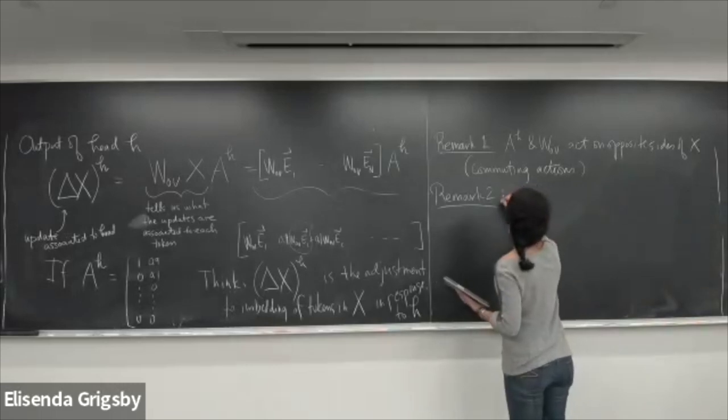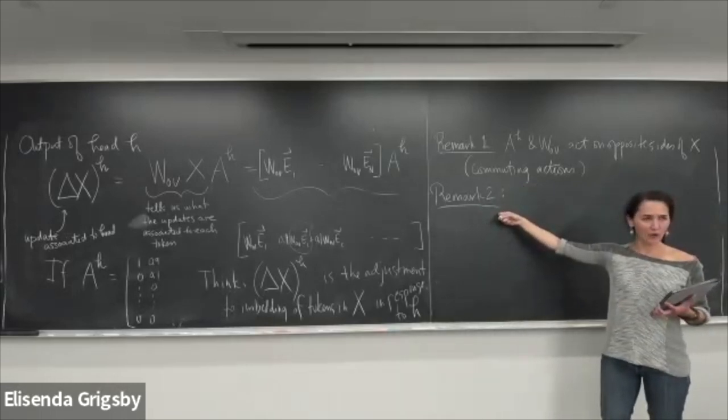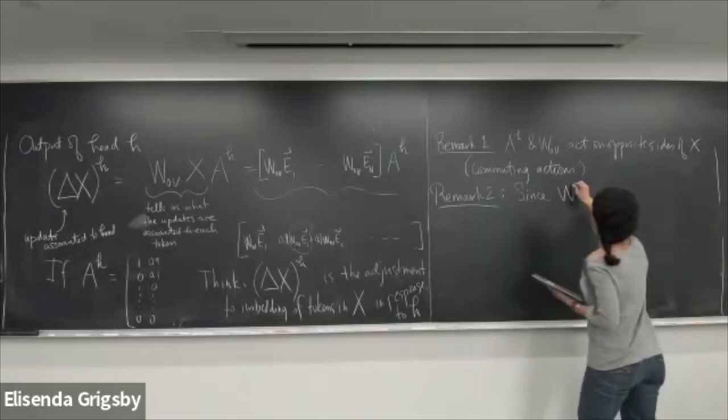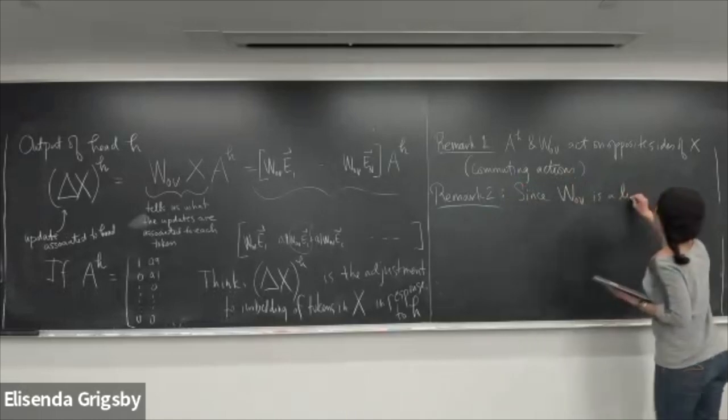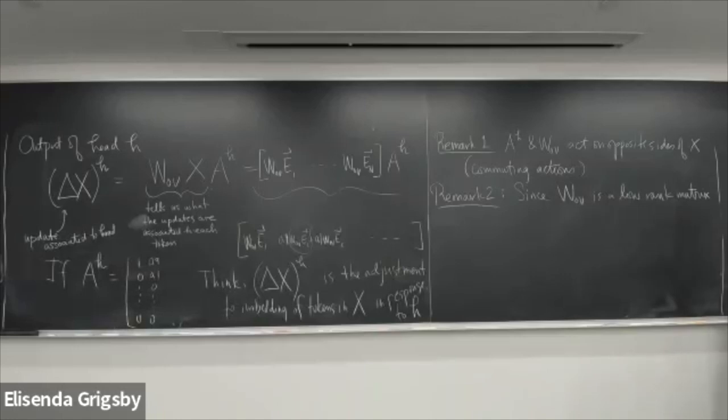So this is going to be a mathematically imprecise statement, but I hope that it's still interesting to make. Since WOV is a low rank matrix, essentially what you're doing, as I said, is taking your embedded tokens, mapping them into some lower dimensional space, and then re-embedding that lower dimensional space into your residual stream.